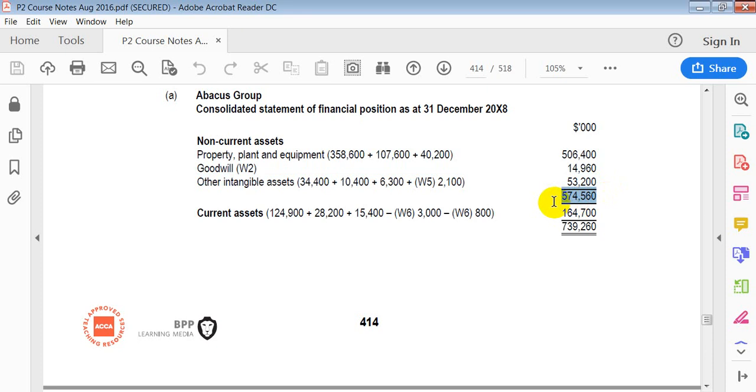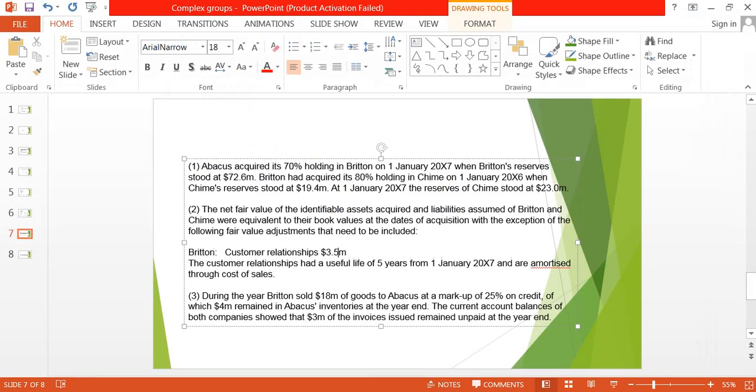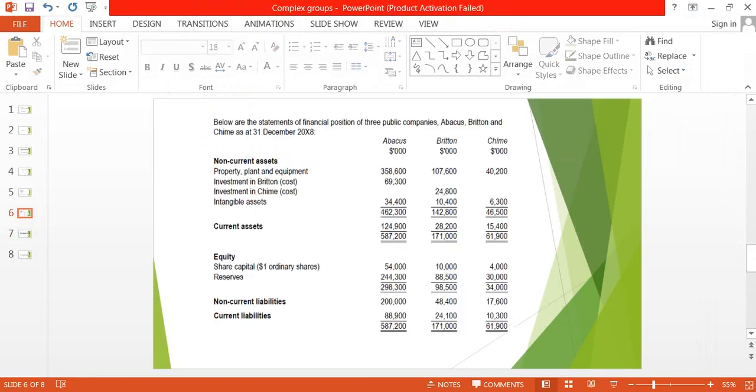Then we bring in our current assets. The current assets, again, we get 100% parent, 100% from the subsidiaries. Now, current assets is a makeup of receivables, inventory, and cash.